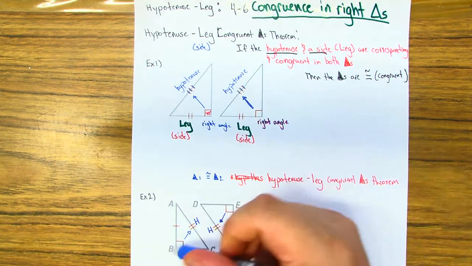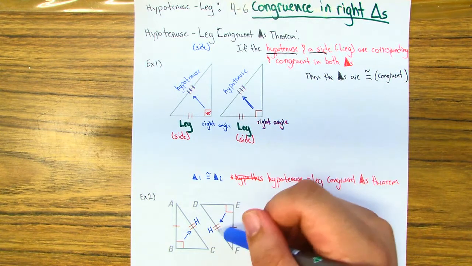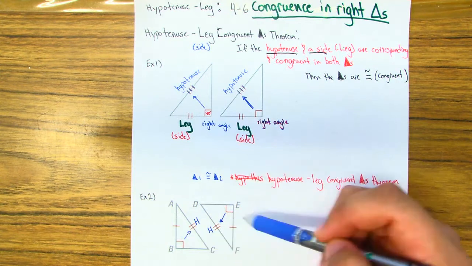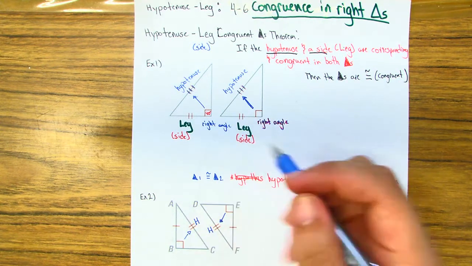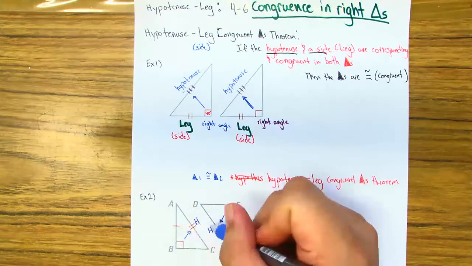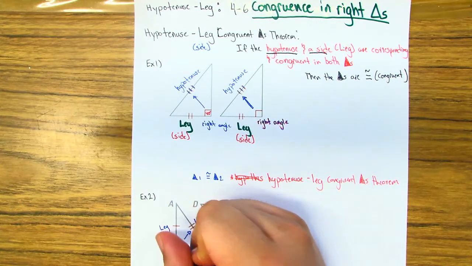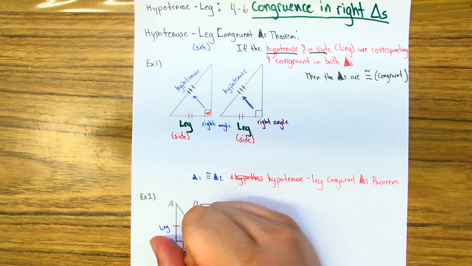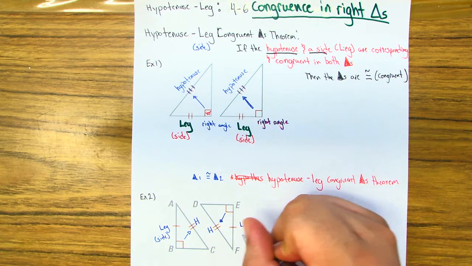It doesn't matter which side, as long as you can determine which of the three is the hypotenuse. Whichever side is congruent will help you determine the leg that is congruent. It's a leg, or you can just call it a side. I don't want you to get confused.